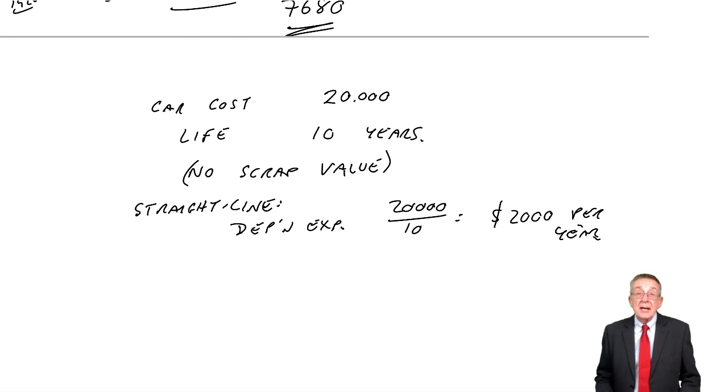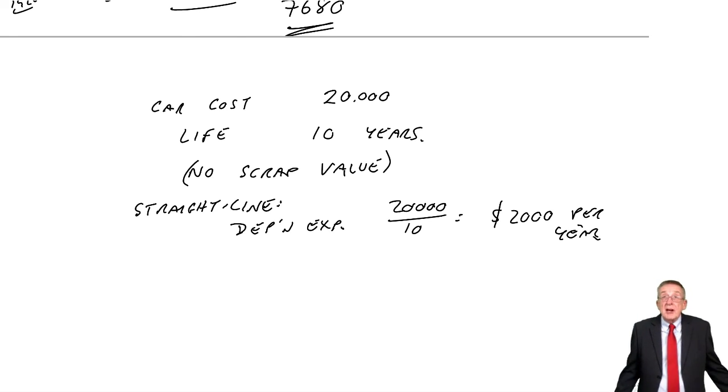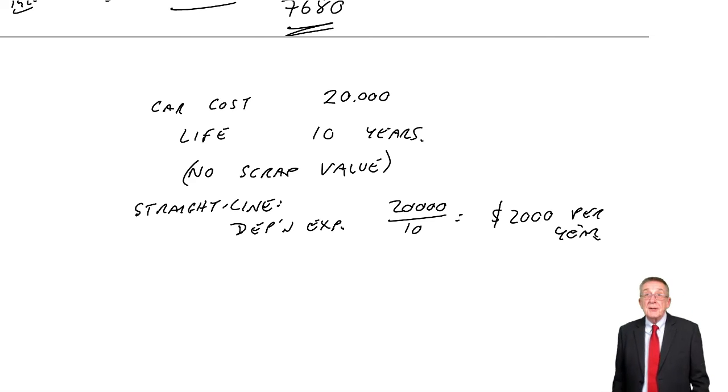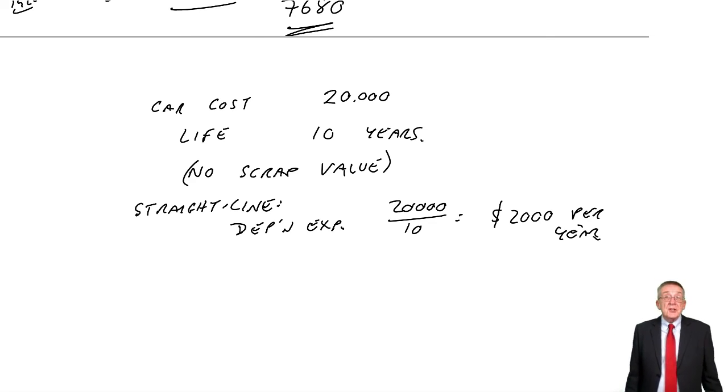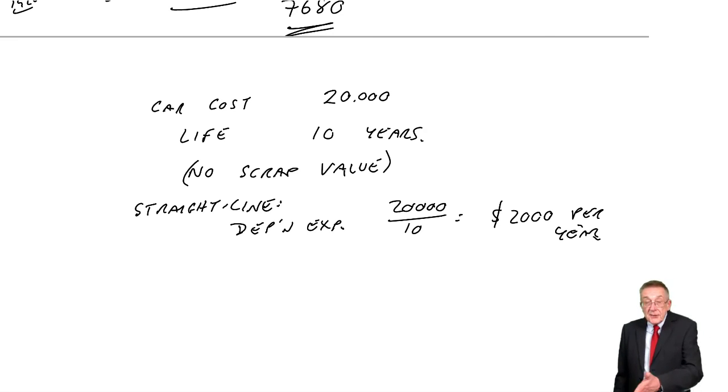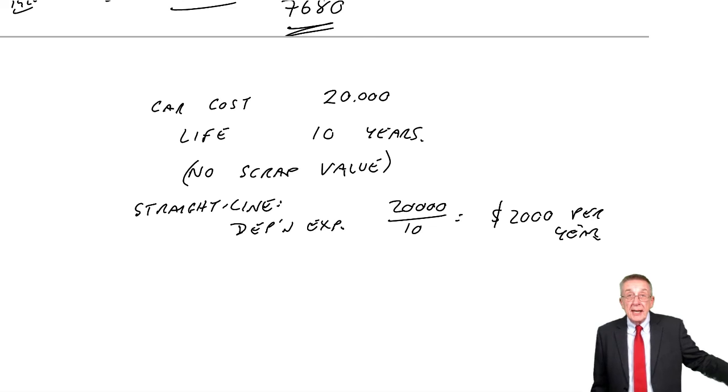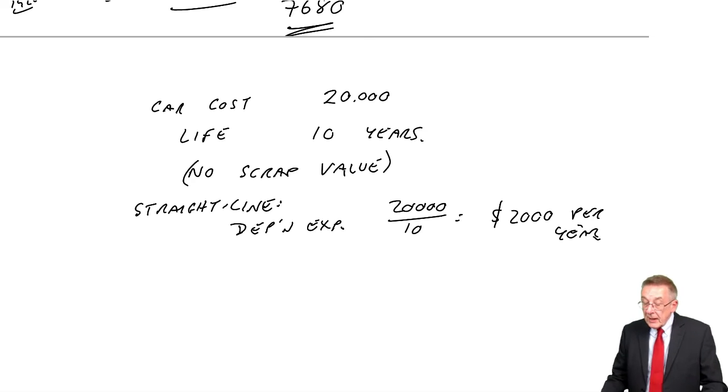And it's very common to have no scrap value. I mean, how on earth in real life can you estimate what it'll be worth in 5 years, 10 years? More often than not, we assume it's worth nothing. Well, that's fine. There's nothing new there. We went through straight line in the last lecture.